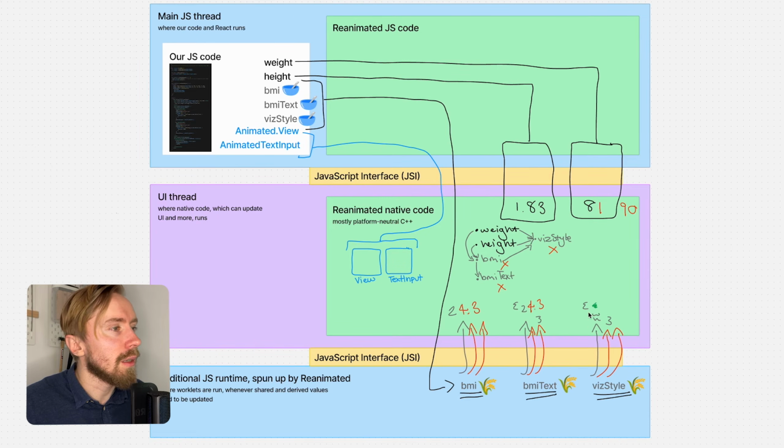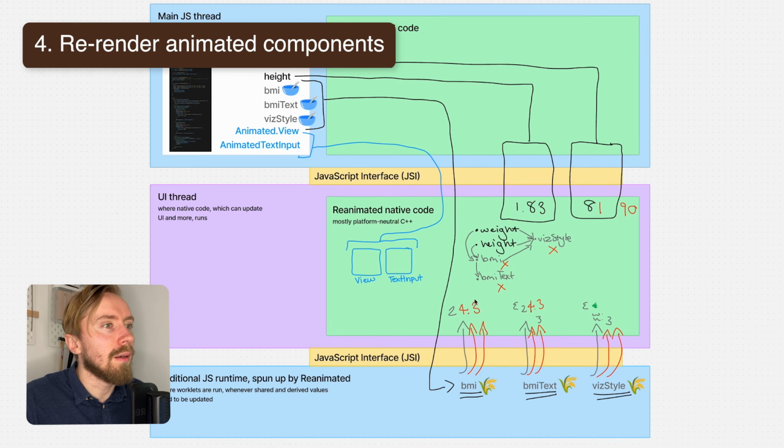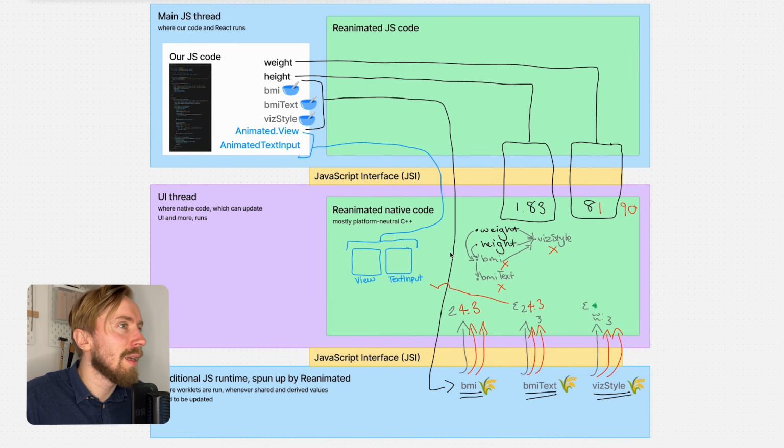And again, we're still in the healthy range, so we have this green, but our width and height get updated. The BMI text animated props get applied to our animated text input without a round trip to the JS thread, and the viz style likewise gets applied to our animated view without a round trip to the JS thread.